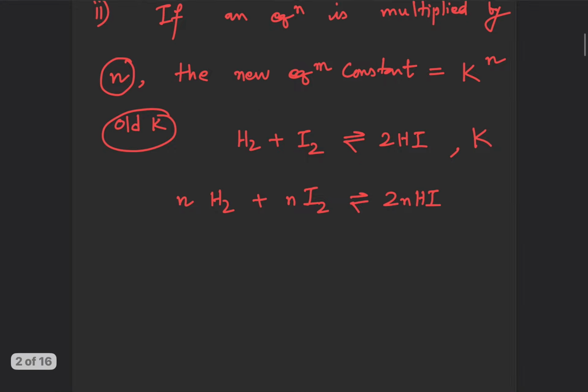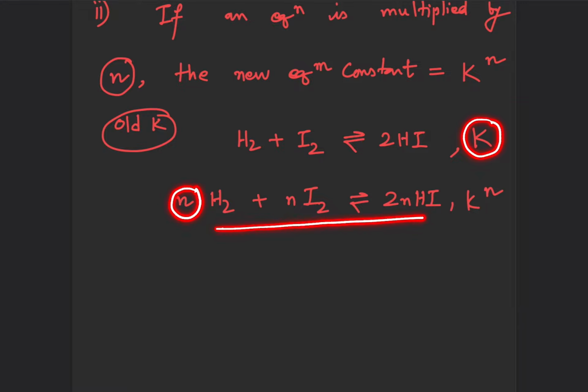So the equilibrium constant for this reaction will become K to the power n. Whatever was the old equilibrium constant will be raised to the power that we have multiplied the equation with. So that's why it became K to the power n. Okay, cool. This is the second characteristic.